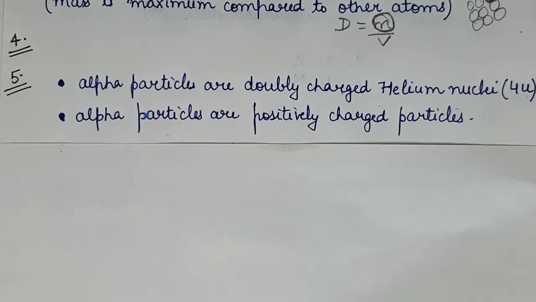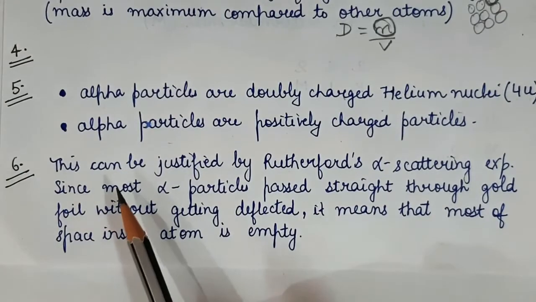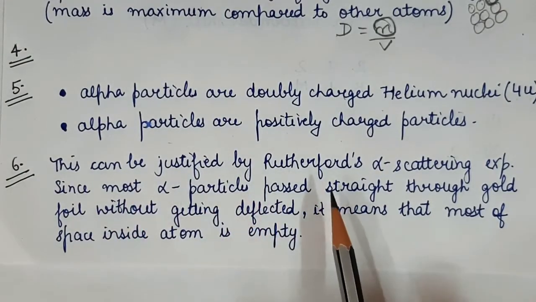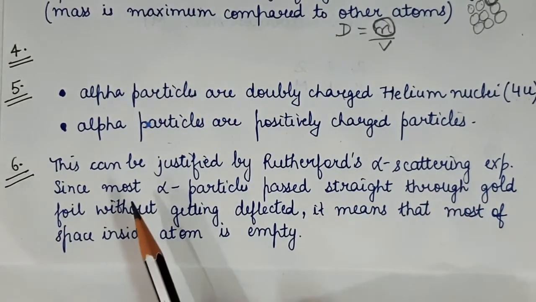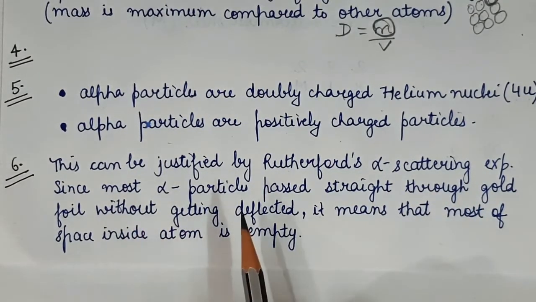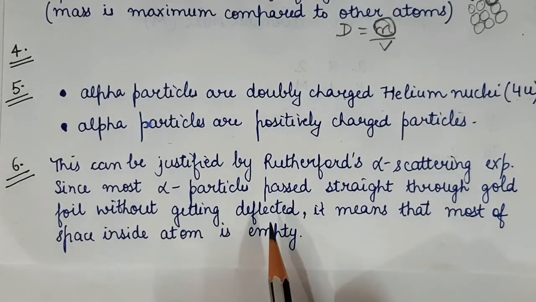Coming to question number 6. Justify the statement, most of the space inside the atom is empty. Answer, this can be justified by Rutherford's alpha scattering experiment. In that experiment, what happened? The first observation was most of the alpha particles, they passed straight through the gold foil without getting deflected.